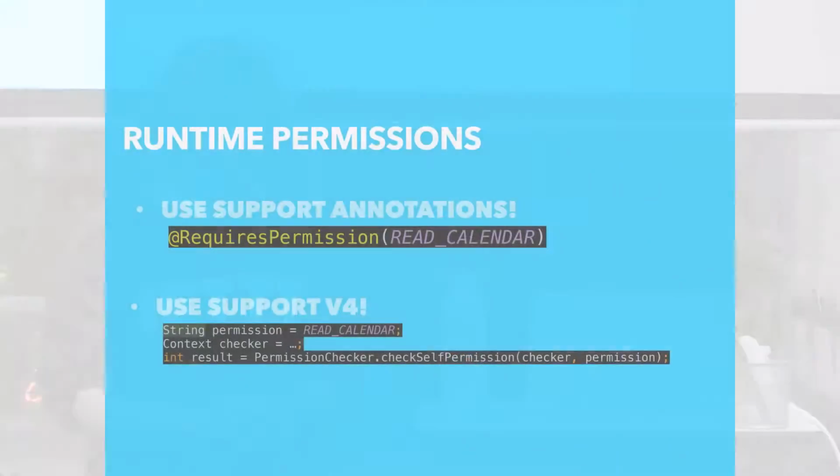You can just tag your methods with this, and then you're going to get a warning when you try to use that method without checking for that permission first. So that's really handy when you have your code all over, and you can just tag it with RequiresPermission and then see what could cause issues.